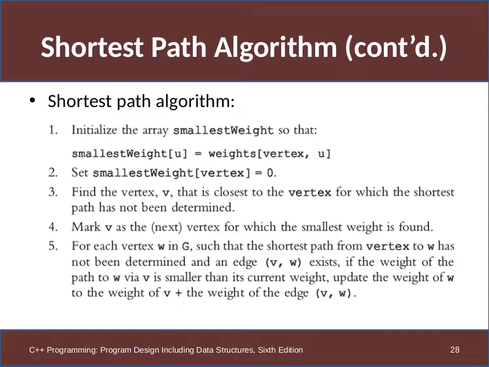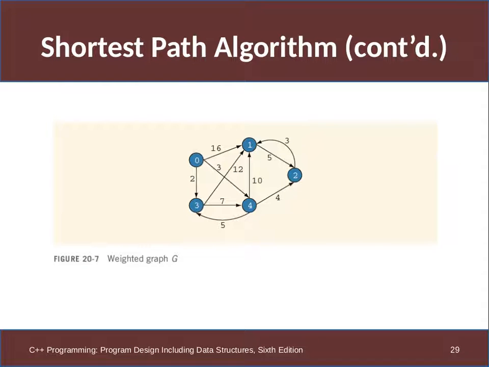So the idea is you want to get from one point to another. It makes a lot more sense, I think, to think of it pictorially. So here we have 5 locations, and you can think of these as weights. By the way, the weights can be anything. It could be miles or it could be time, depending on what you want. Which one would you prefer, miles or time?